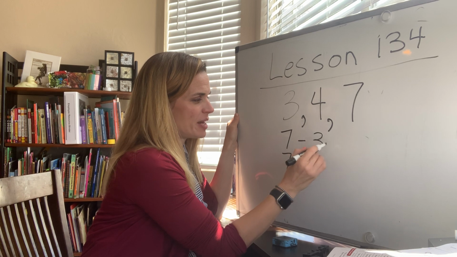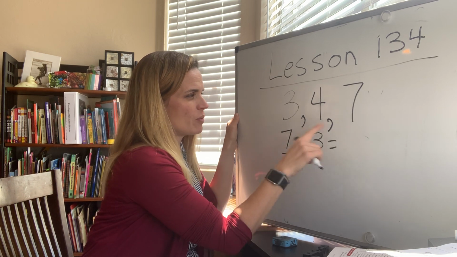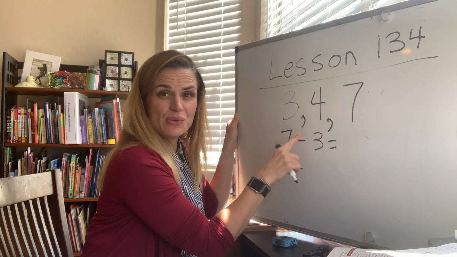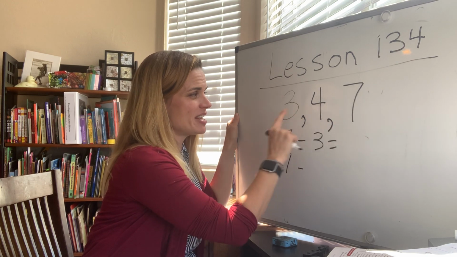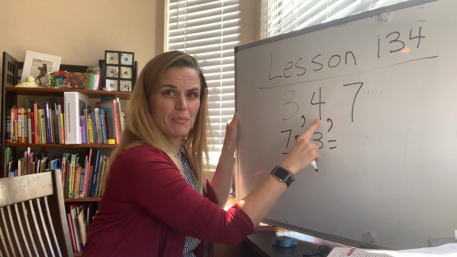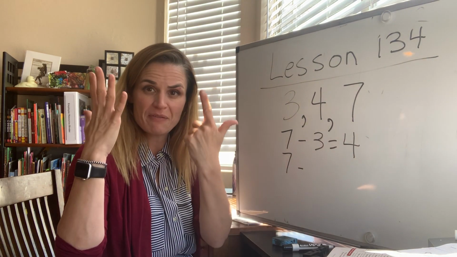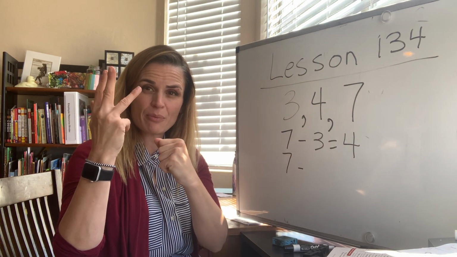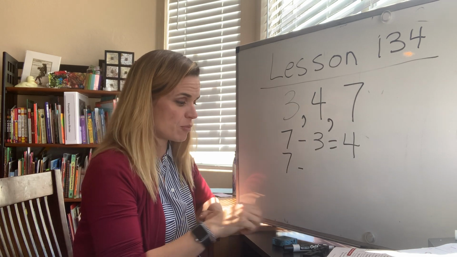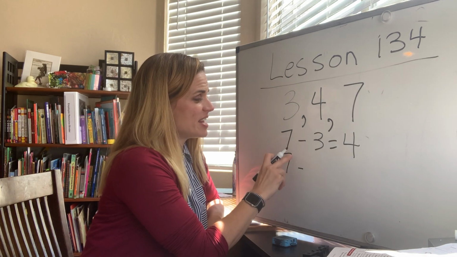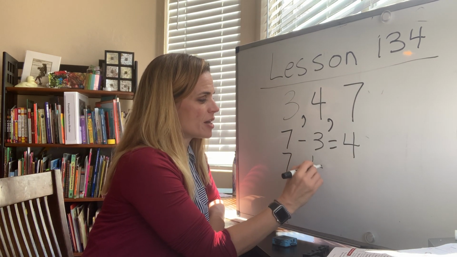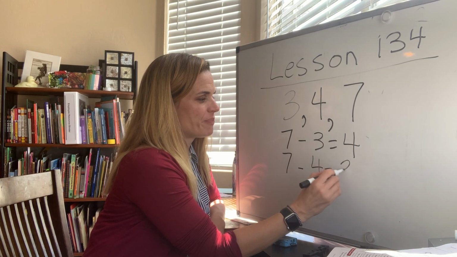I'm going to start with that one. What does that equal? Remember, with the fact family, we use those same numbers. So if I use 7 and a 3, what's my other number? 4. Great job. I could also use my finger. 7. Take away 3 is 4. Good job. Or my cubes. 7 minus 4 equals 3.